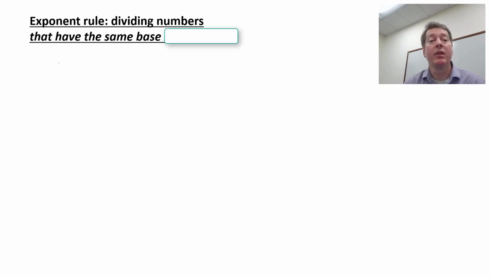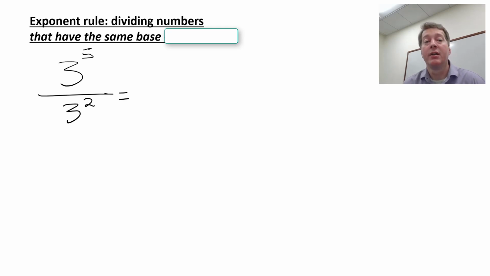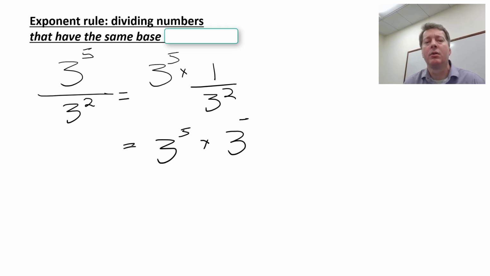One thing I want to point out, let me go back to my example of 3 to the 5th divided by 3 squared, 3 to the 5th over 3 squared. This division rule is really the multiplication rule stated in a different way. So 3 to the 5th over 3 squared is the same thing as 3 to the 5th times 1 over 3 squared. But 1 over 3 squared is the same as 3 to the negative 2.